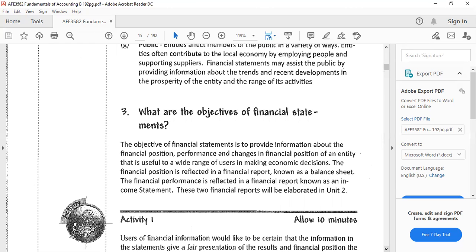Okay? The first one, the business wants to see its financial position. That's why you draw up your statement of financial position, in other words, your balance sheet. Your balance sheet is mainly used to check in what position your business is.